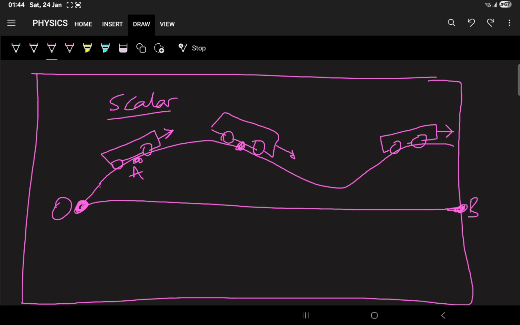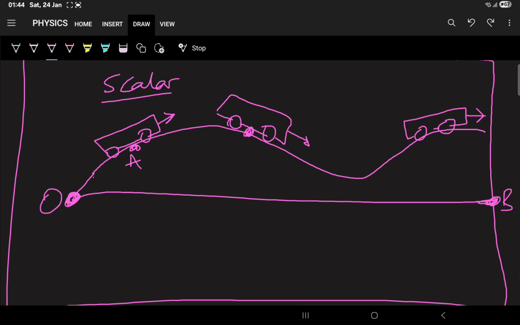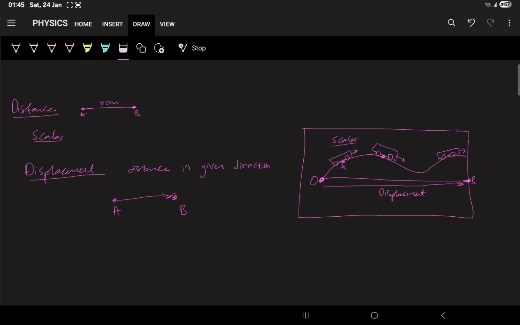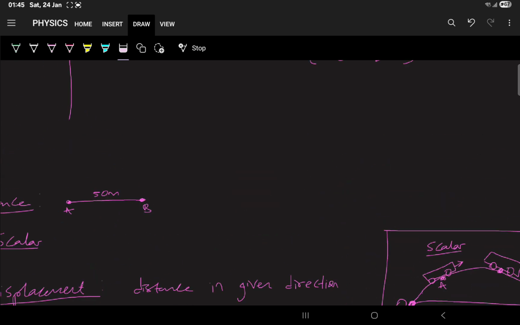But if we are asked to find the displacement, we'll just simply calculate the length of this line. This will be our displacement because it's in a given direction. Now let's go back to the graph.